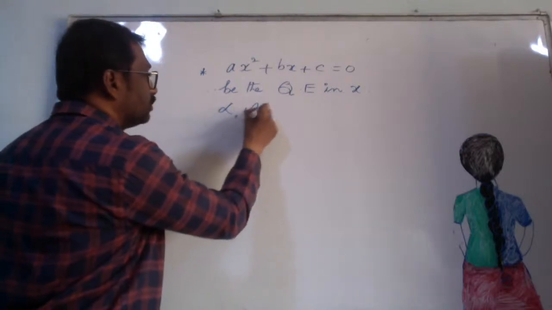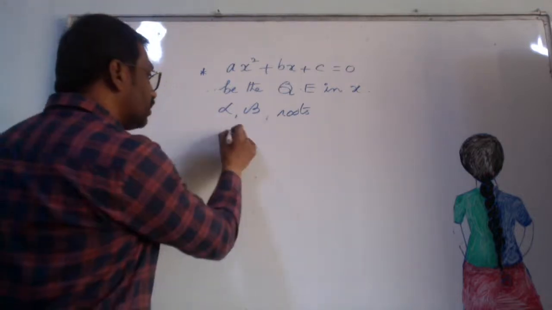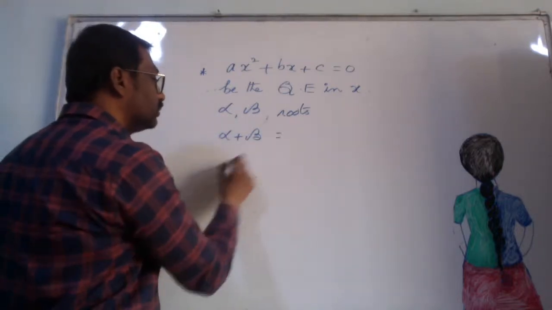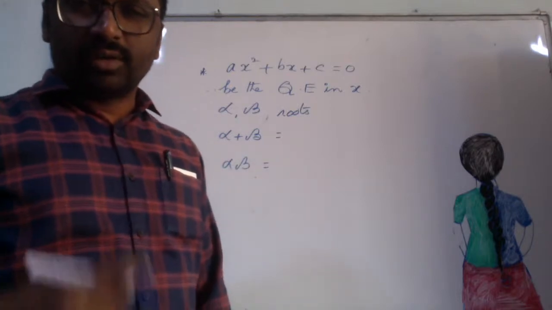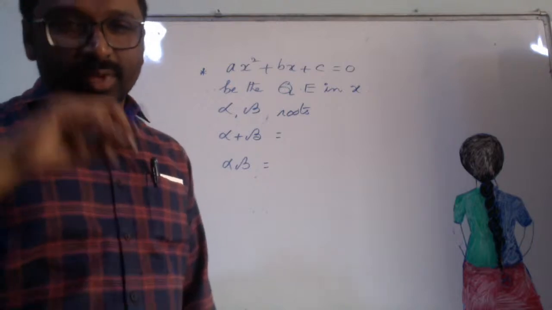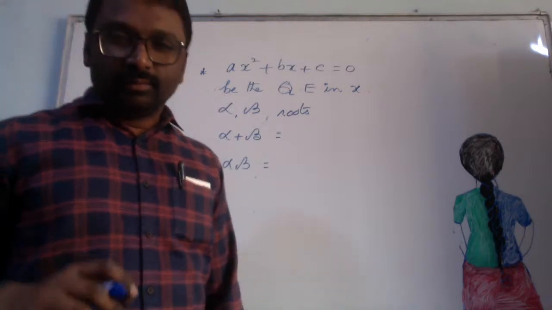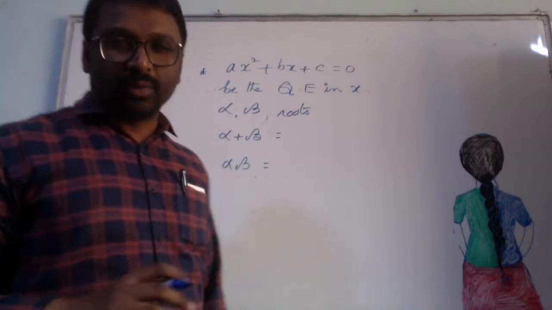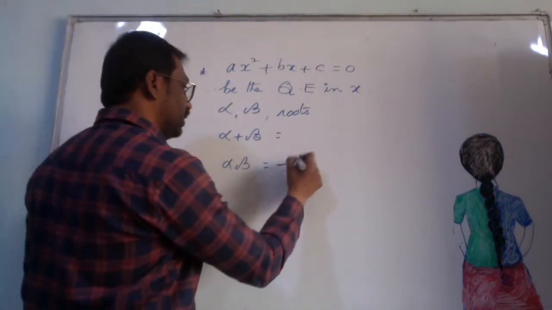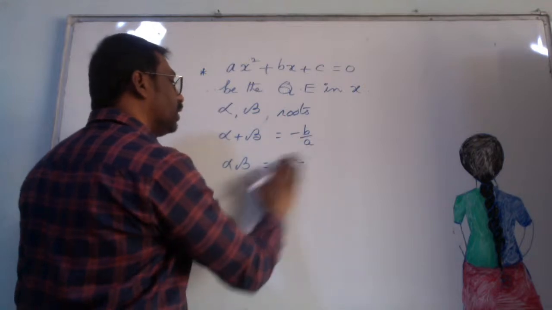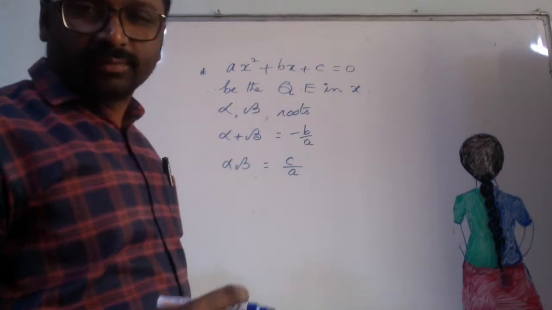Alpha, beta are the roots. So what is the sum of the roots and the product of the roots? The sum of the roots is minus b by a, and the product of the roots is c by a.